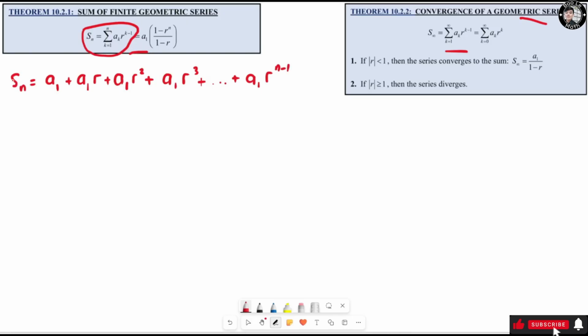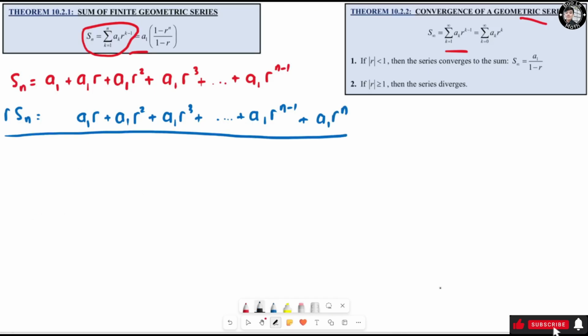Now I'm going to multiply both sides by r, so r S_n equals a1 r plus a1 r squared plus a1 r cubed plus etc., plus a1 r to the n minus 1 plus a1 r to the n.